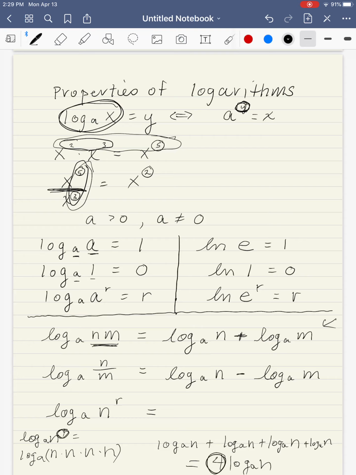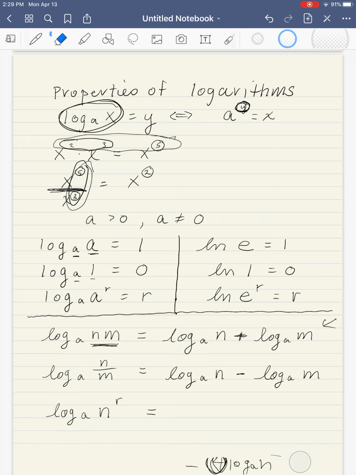My exponent here became multiplication in front, because an exponent is repeated multiplication, and multiplication times 4 is repeated addition. So what that tells us is that in general, the logarithm base a of n to the r power is r times the logarithm base a of n.